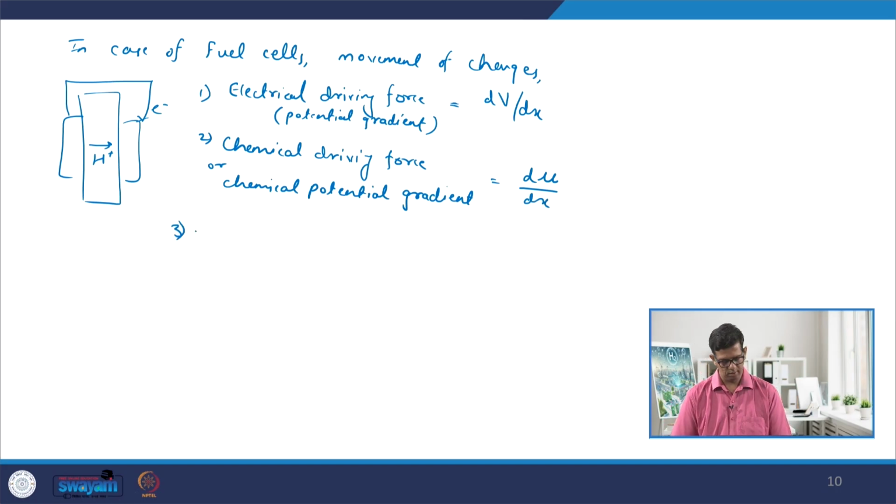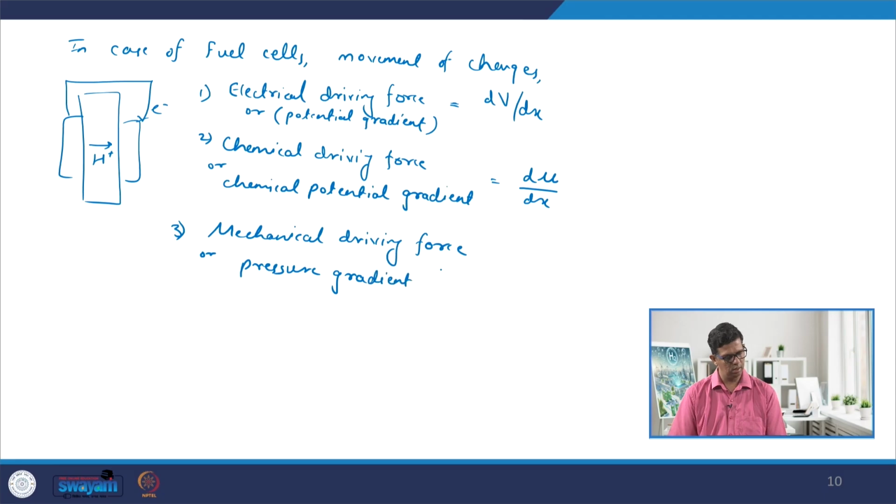And third, as you can see, is the mechanical driving force, also called the pressure gradient, which is dP by dx.